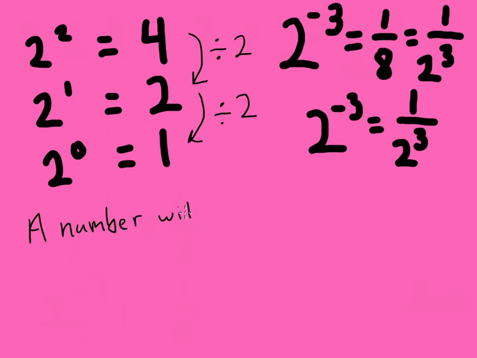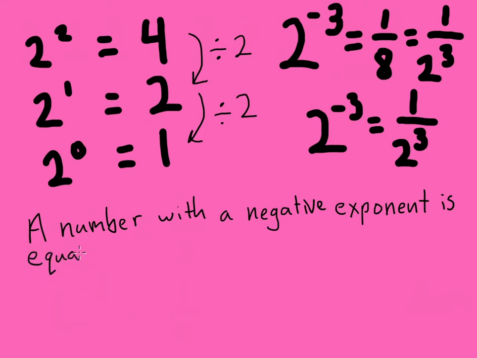So any number with a negative exponent, so 2 to the negative 1 or 2 to the negative 2, etc., any number with a negative exponent is equal to the reciprocal. Now, the reciprocal is just 1 over that number.